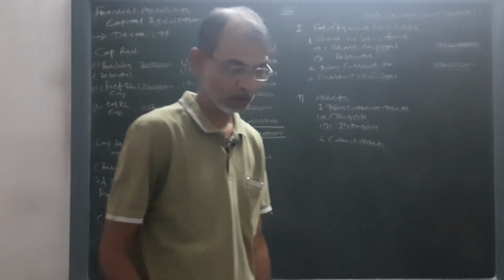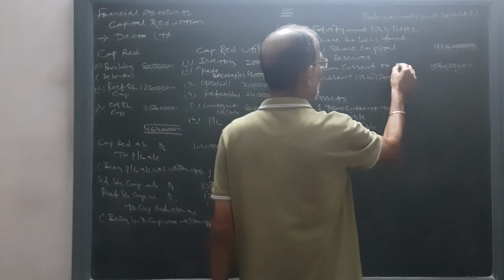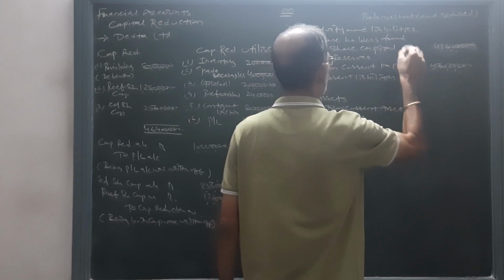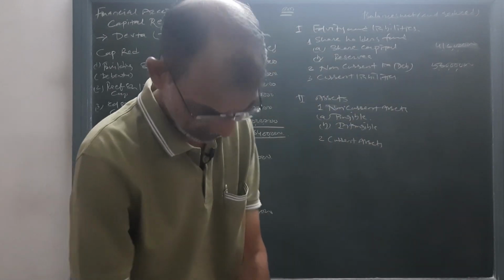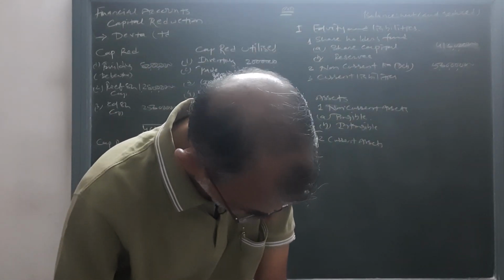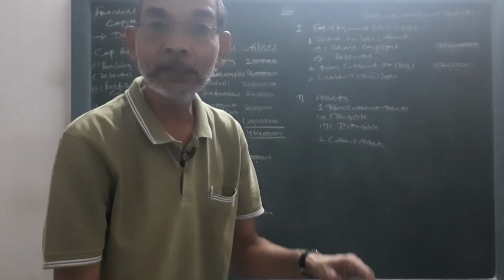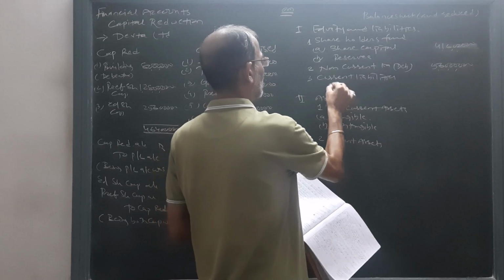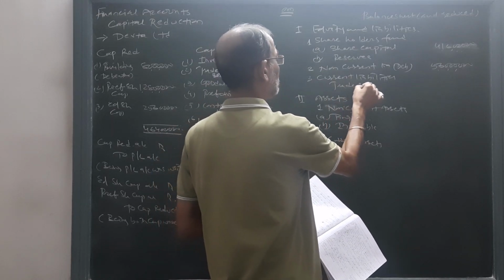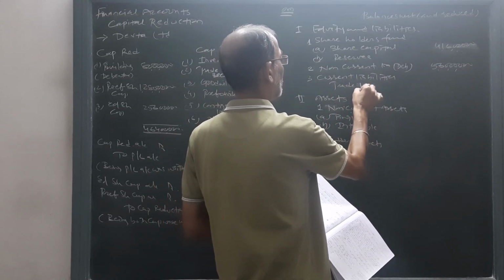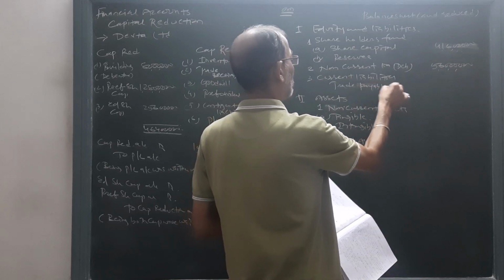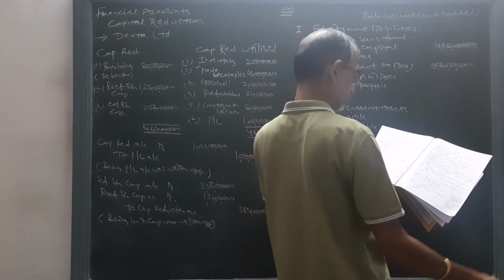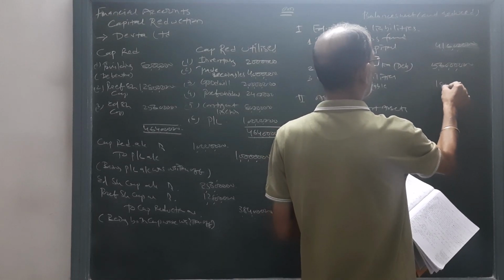New debentures. These are under current liabilities, that was trade payables, which had nothing to do with the scheme of capital reduction. Trade payables 1 crore 80 lakh.